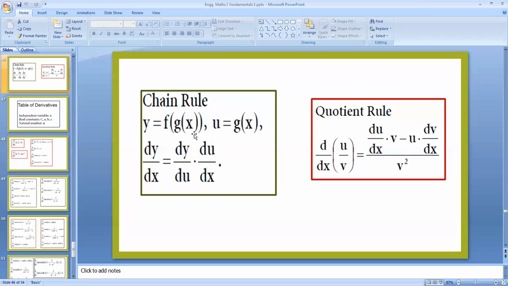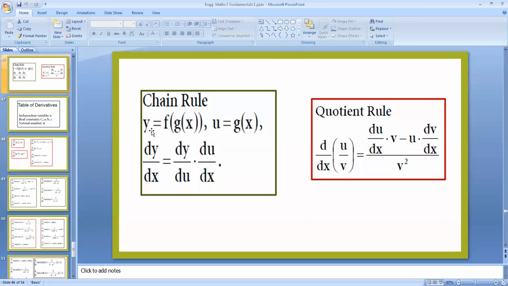Yes, anyone has an idea to define it? A function having only one dependent and only one independent variable.